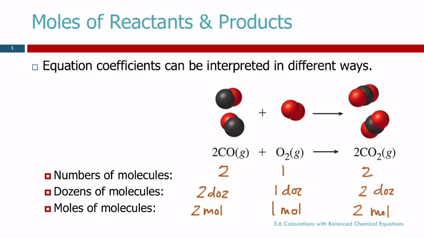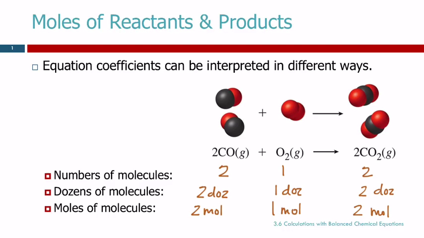I'd get 200. What if I had 2 million of these? It would react with 1 million of those to make 2 million of these. So it has to do with numbers of particles, but we can change the unit, if you will. We can do millions, billions, trillions, but what chemists choose to do is we use mole.